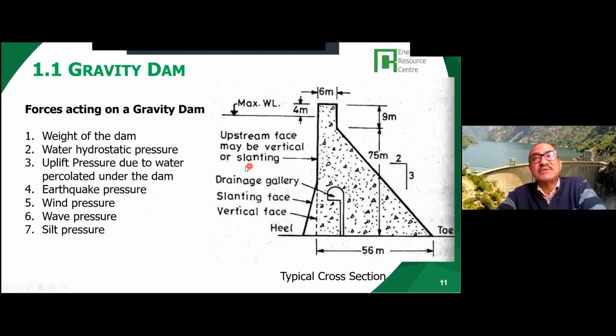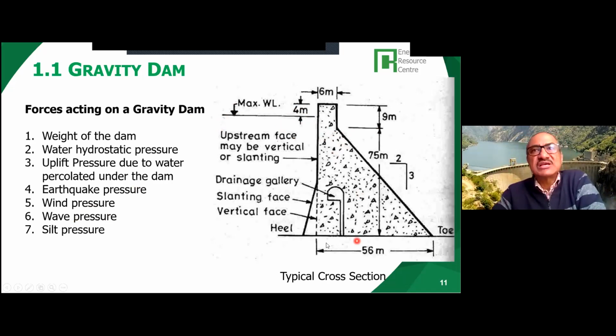There is also wind pressure. For large dams there is high wind, which can cause problems and has to be considered. There is also wave pressure. On the water surface there are waves, and sometimes these waves can act on the dam, which the dam has to be able to manage.